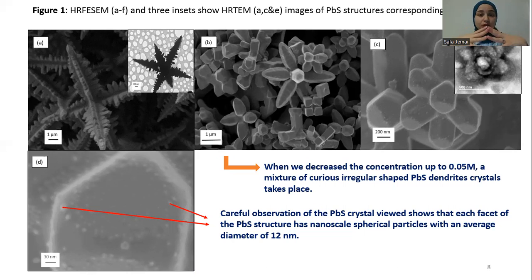But when we decrease the concentration to 0.05 molar, a mixture of curious irregularly shaped PbS dendrite crystals takes place. And here, a careful observation of the PbS crystal shows that each facet of the PbS structures has nanoscale spherical particles with an average diameter of 12 nanometer.